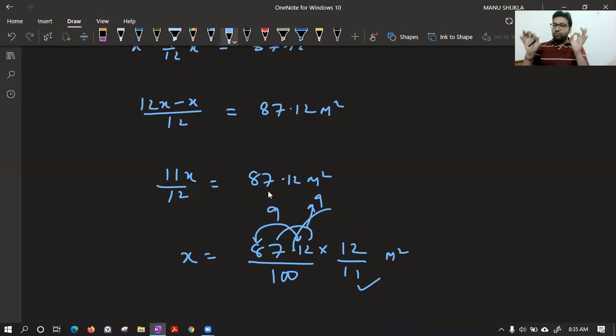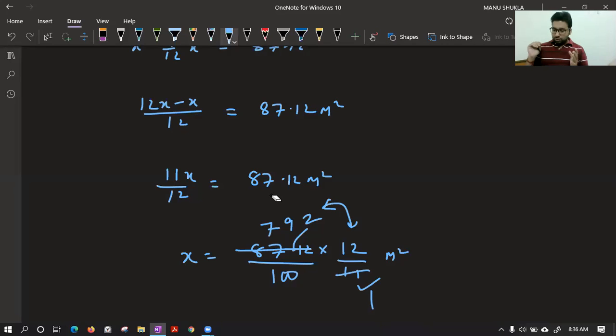So we can divide this number by 11. 11 ones are 11, 11 sevens are 77, 10 is left, 1 will come, 101, 11 nines are 99, 2 is left, 22, 11 twos are 22. So easily we have divided this. Now we just need to multiply these two and we will get the answer after dividing by 100.